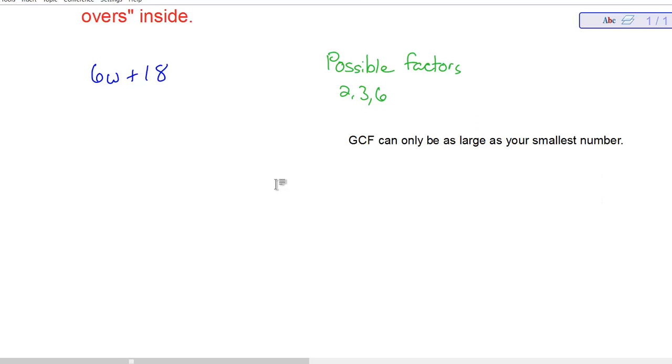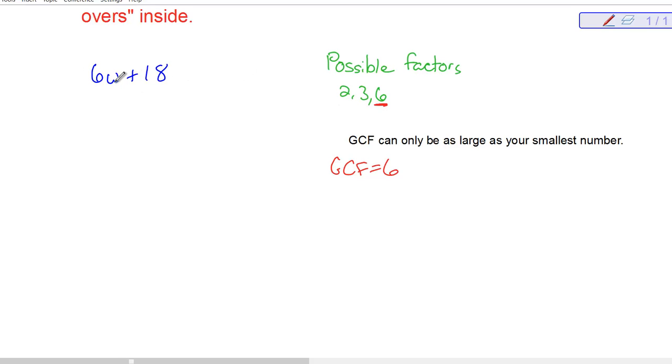So 6 is the largest possible factor that we have for both of these numbers, and notice that 6 does go into both of them. So my GCF is going to have 6 because it's my largest number that will go into both of these.